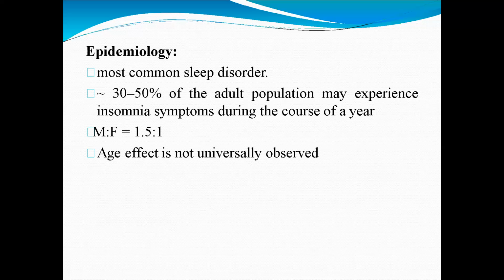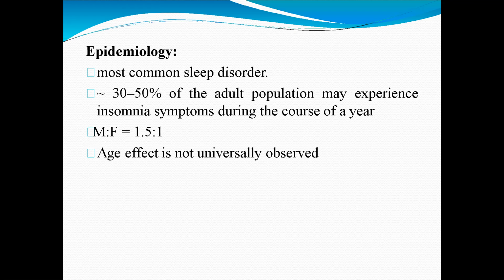Looking at the epidemiology of insomnia, it is the most common of all sleep disorders and occurs very widely. Around 30 to 50% of the adult population can experience insomnia during the course of a year.